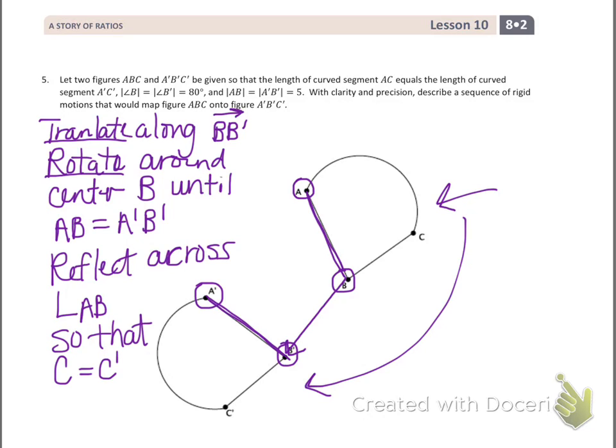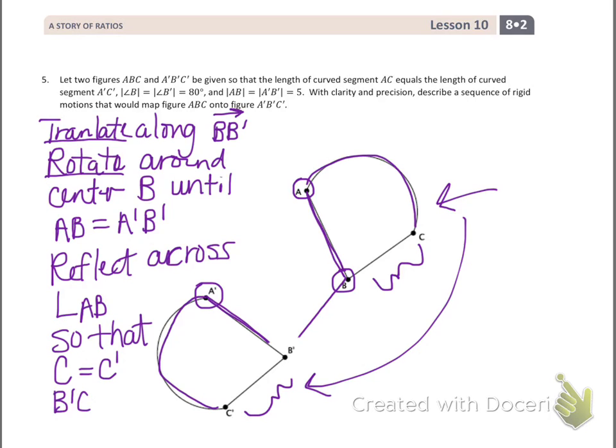Now I'm not told that this length matches this length. But because I'm told that these two lengths match, I can conclude that these sides, BC and B prime, C prime now coincide.